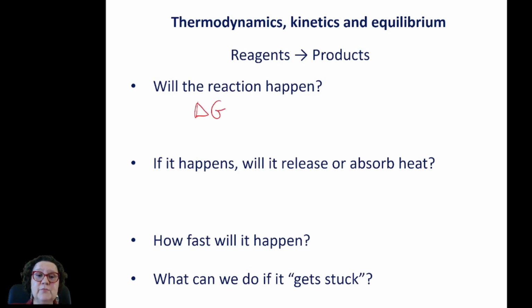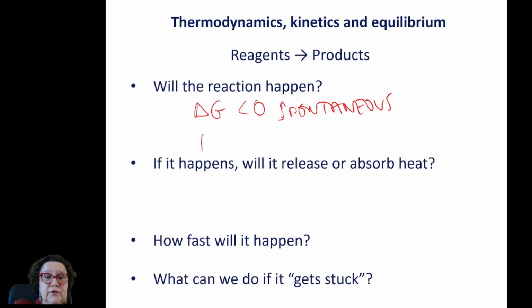And that delta G, the change in Gibbs free energy between the reagents and the product side, will tell us if a reaction will happen, if it will be spontaneous. If that value of that energy function is negative, then the reaction will be spontaneous and you will not have to do anything to make it happen, it will happen.